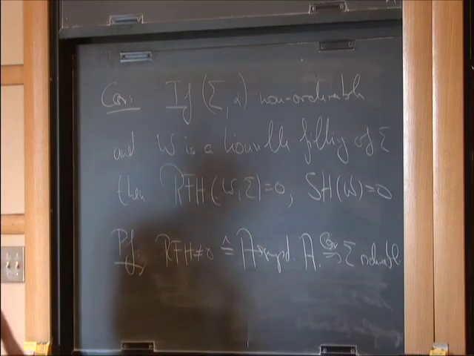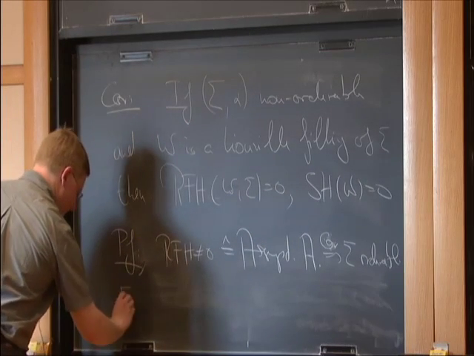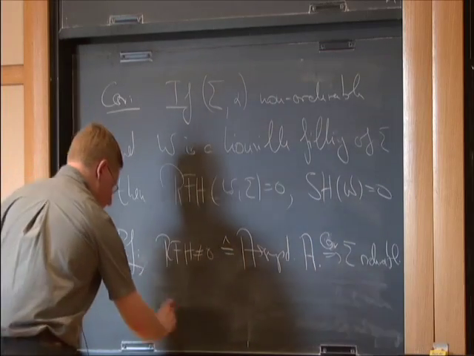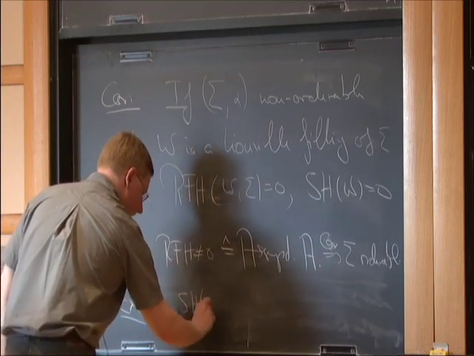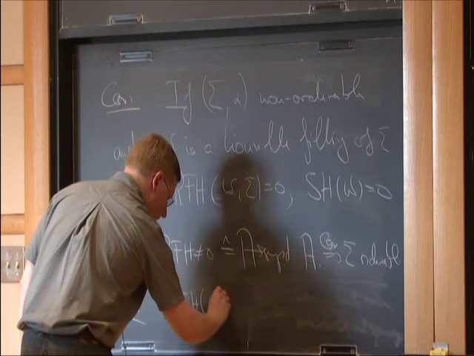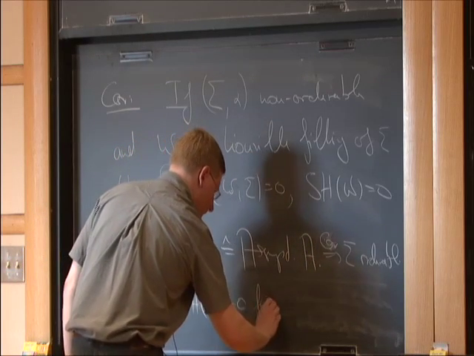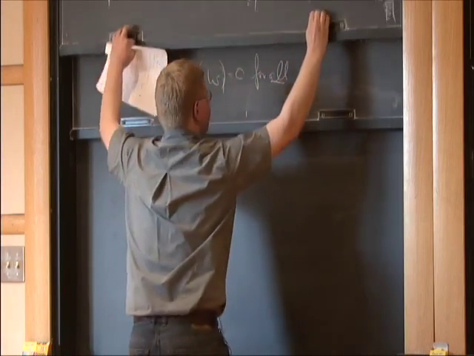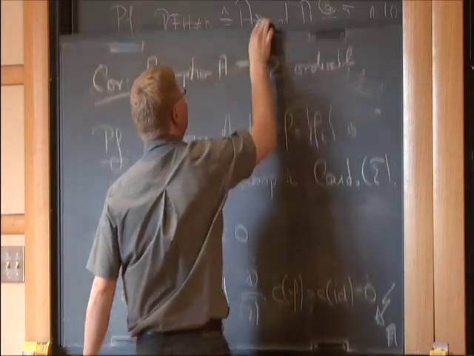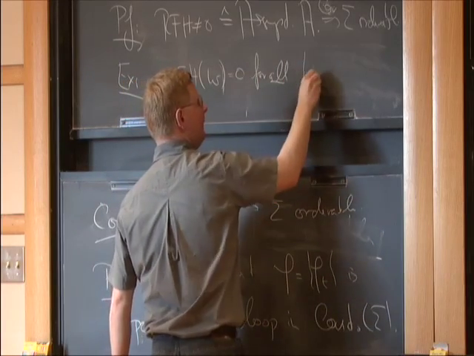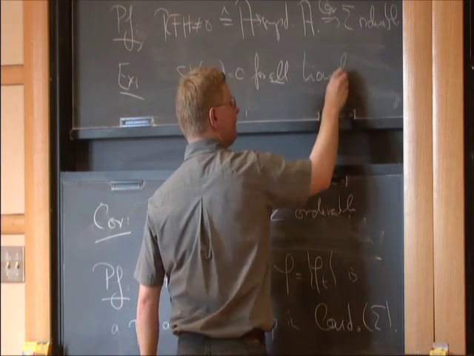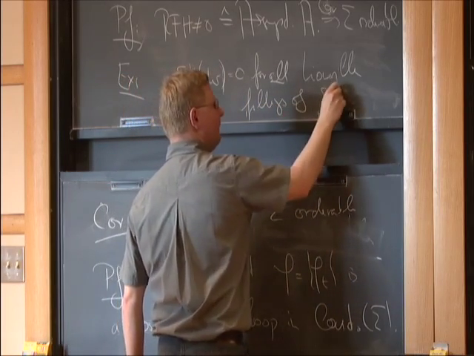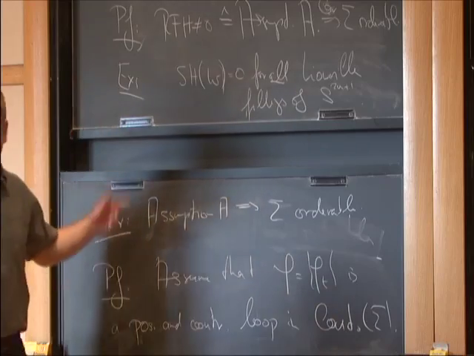So in particular, here's an example. We know the sphere is non-orderable. So the example is that symplectic homology of W is 0 for all Liouville fillings of S^{2n+1}.